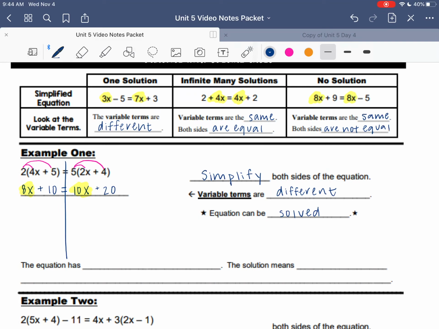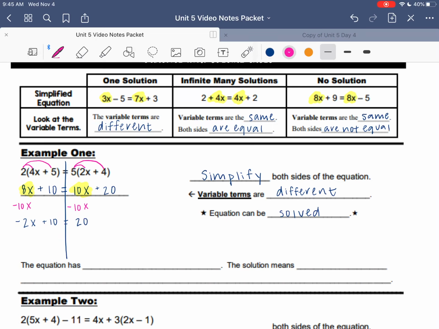I typically like, when I have variables on both sides, to move my variables to the left. You can certainly have some other first steps. That's just what I like to do first. So I'm going to subtract 10x so I can move it to the other side. And if I do it on one side, I have to do it on the other. 8x minus 10x is negative 2x plus 10 equals 20.